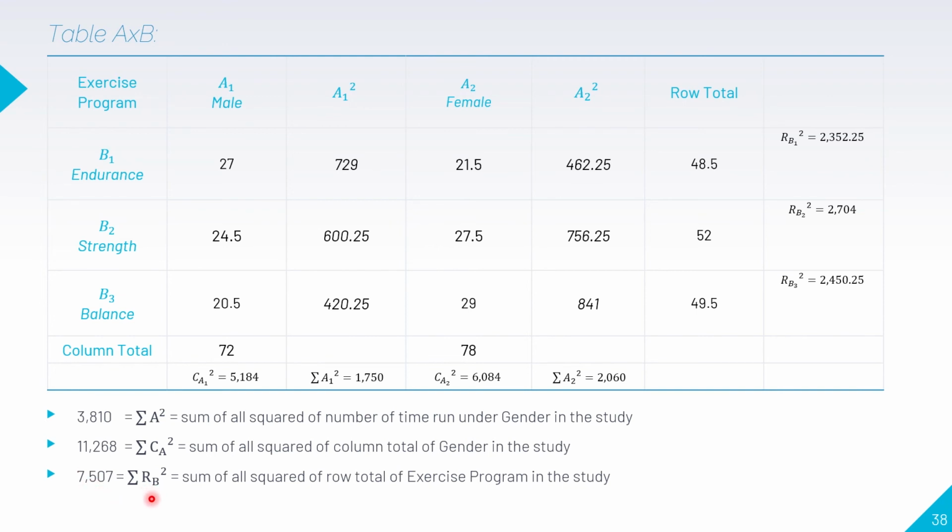In finding our summation of RB squared, as I said earlier, we just need to square this one, and this is our value, squared, this is our value, squared, and this is our value. Add these three row totals, squared, and we will have our answer, 7,507.